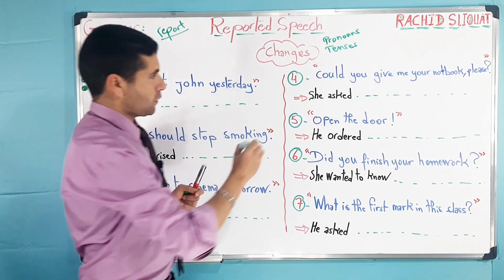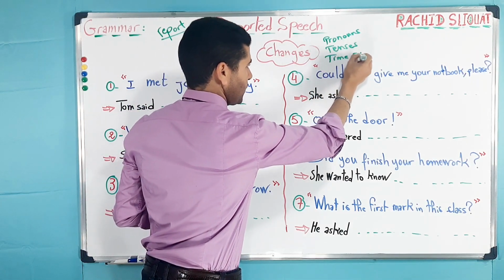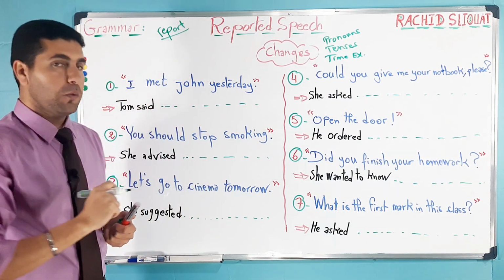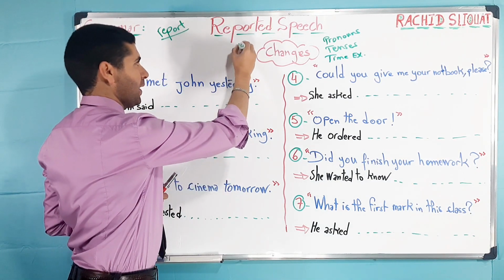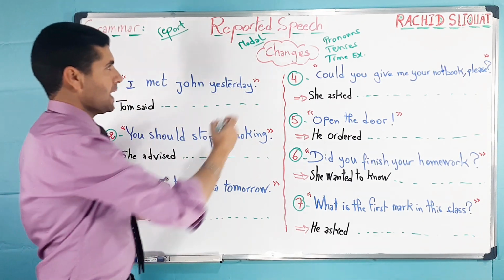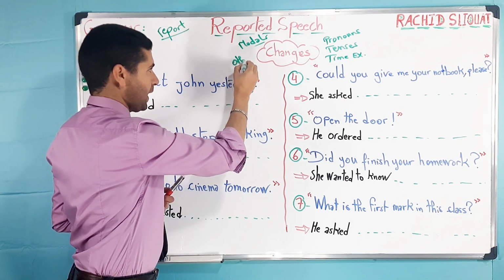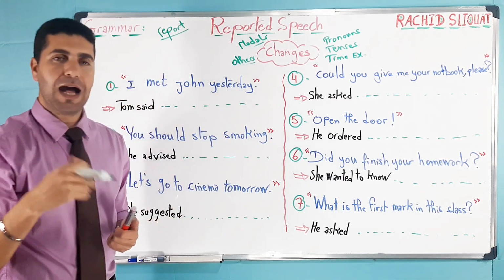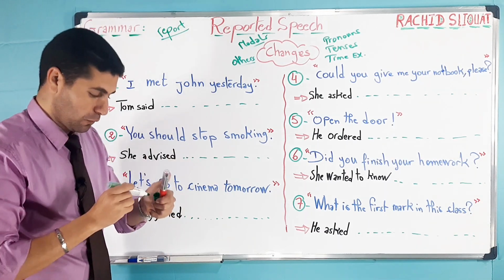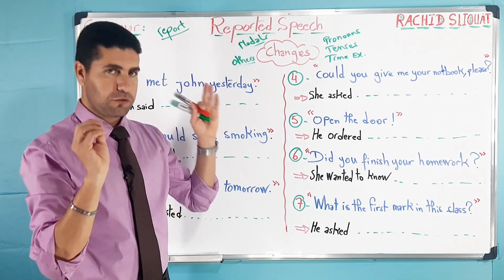And we can also change the time expression. It also changes. We can also change some modal verbs, which we can call modals. And not only this, we can change other words, like here, there, this, and those, etc. So these are the things that we have to keep in mind.